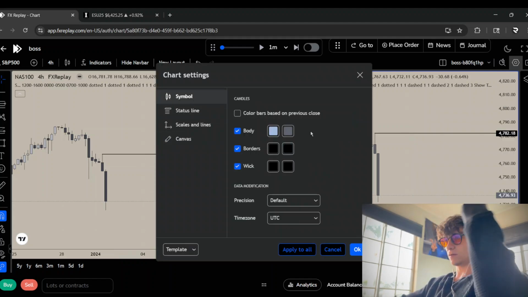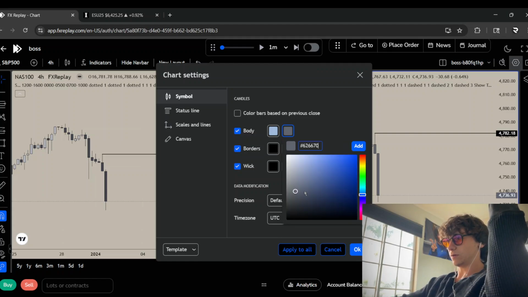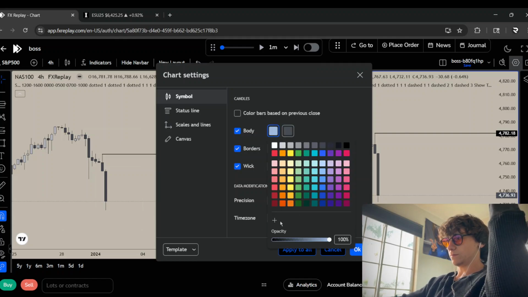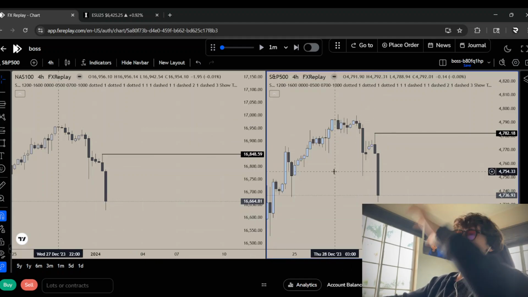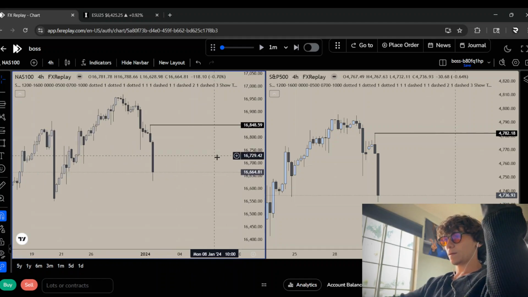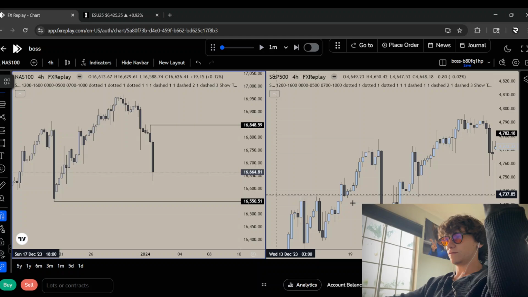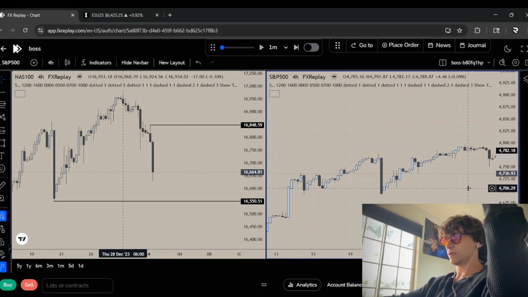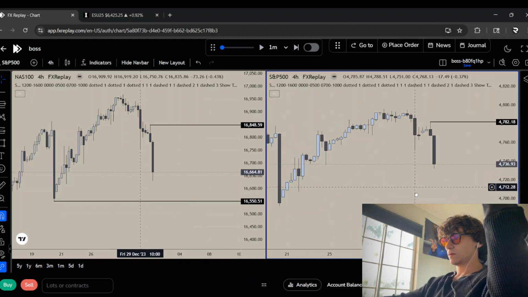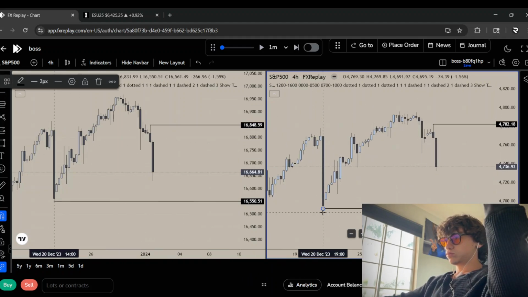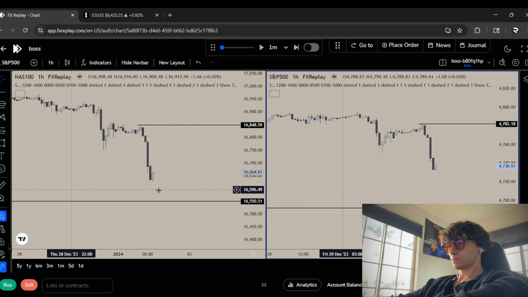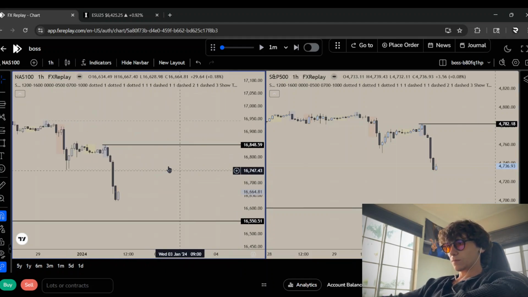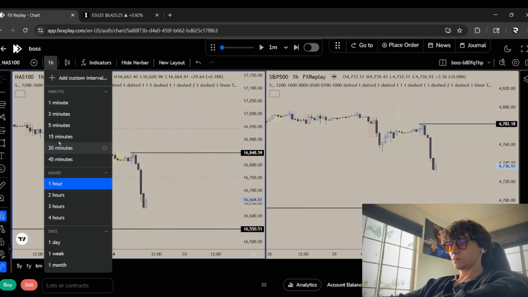I don't know why the color doesn't transfer over. Whatever, it's fine. We got this 4 hour low right here. And then on the 1 hour, bearish as well.